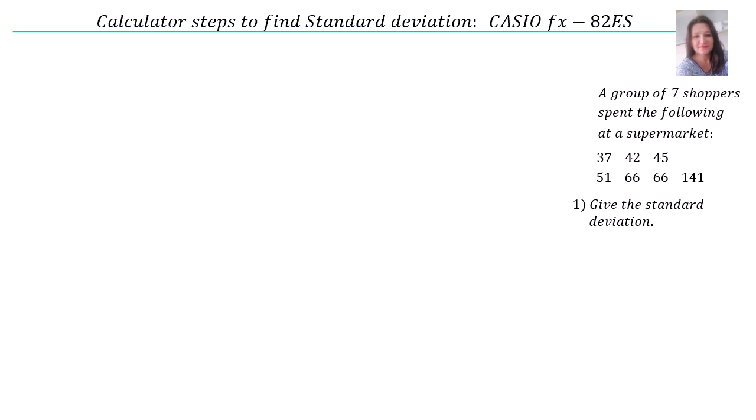Calculator steps to find standard deviation, and I'm using a Casio FX82ES. Now the question is here on the right hand side. A group of 7 shoppers spent the following at a supermarket, and then I give you the amounts that they spent. Number 1, give the standard deviation.